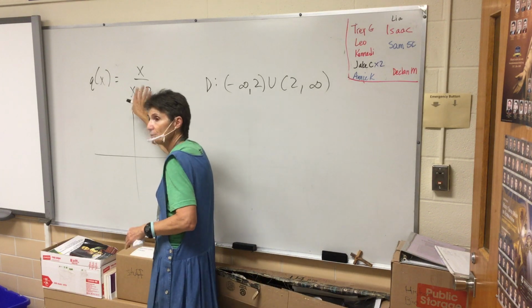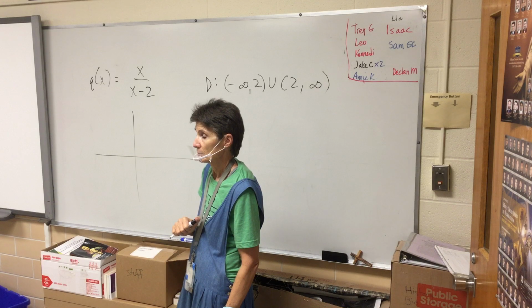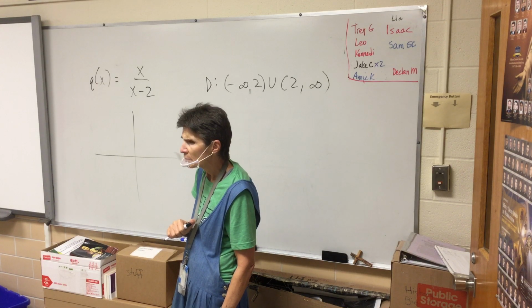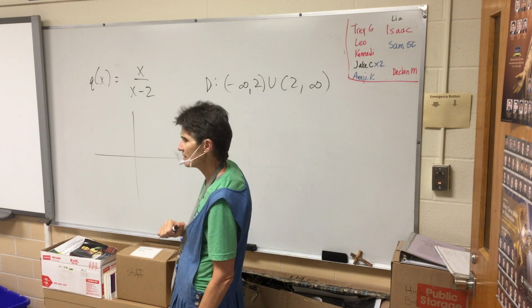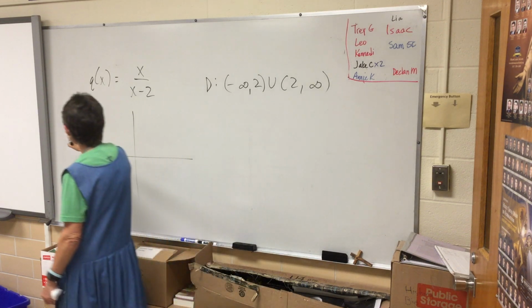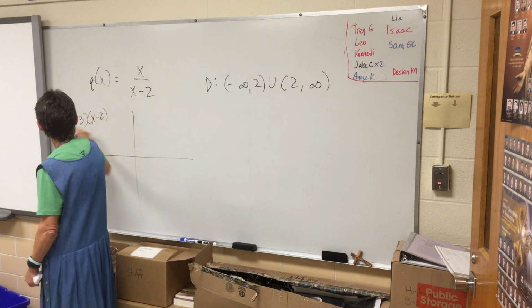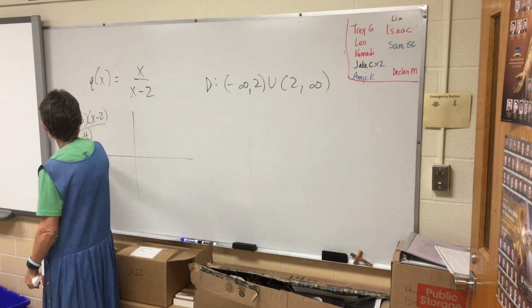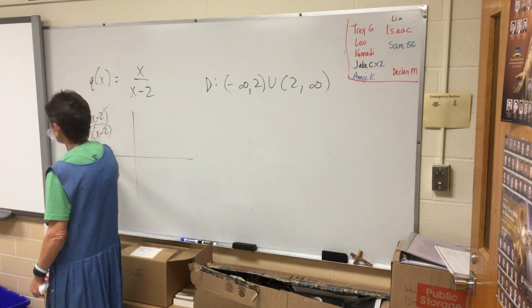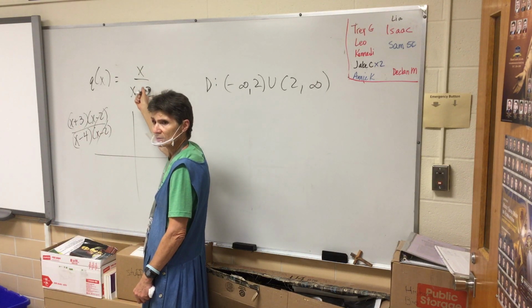Can that discontinuity be canceled out? How? What are you going to cancel it with? If you're going to cancel it out, you would have to have something like x plus 3, x minus 2, over x minus 4, x minus 2. That would cancel. But can I cancel anything here?